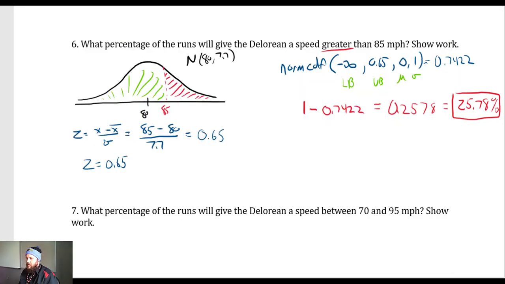There is another way to do this, because these calculators are fancy, and even the spreadsheet should be able to do this as well. You don't technically need to find the z-score when dealing with percentages, because we said we wanted our lower bound to be 85 in this case, and everything above that.